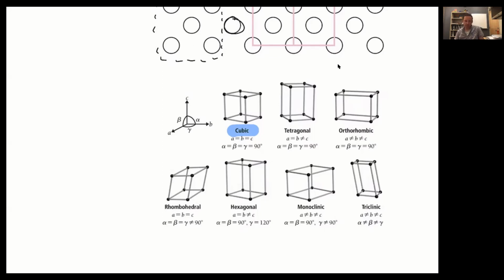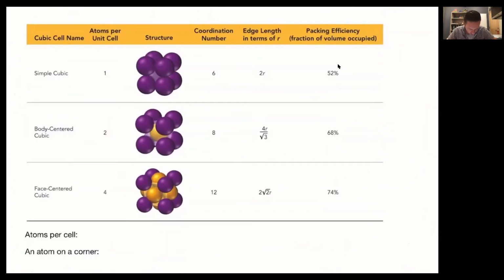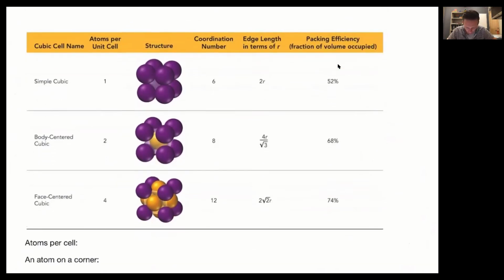If you were in an upper division inorganic course, you might spend weeks talking about all these different structures. Here are the 3 cubic unit cells that we're going to talk about.